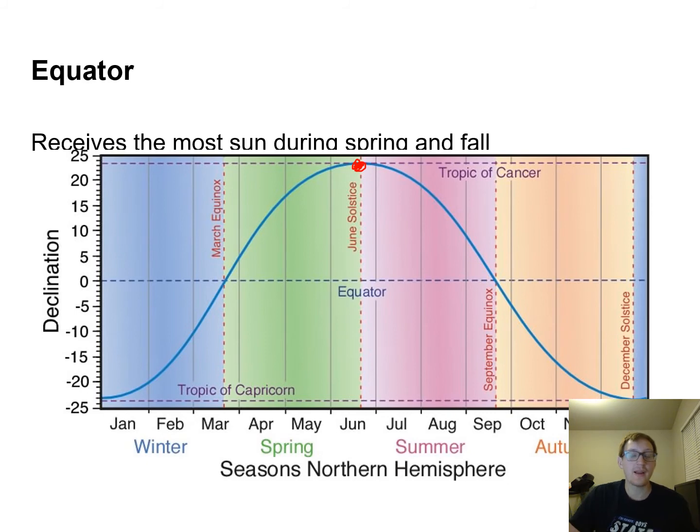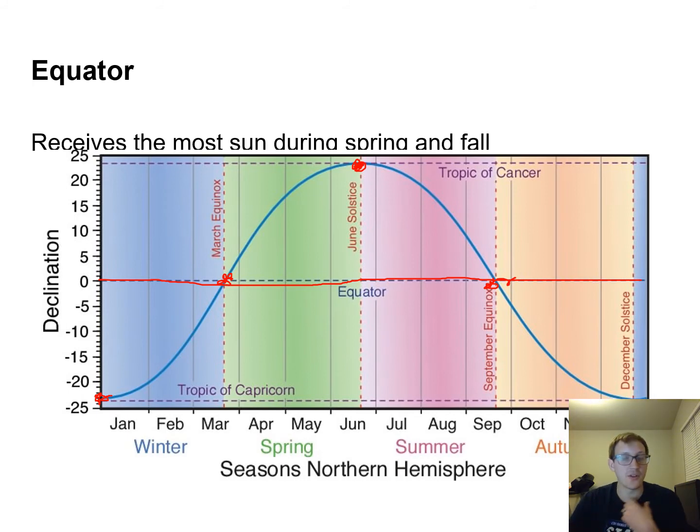That's when we're at positive 23.5 degrees in the air. And then we're at our lowest down here, winter solstice, when we're at negative 23.5. And then right here at 0 is when we get the March equinox and the September equinox, right here and right here.